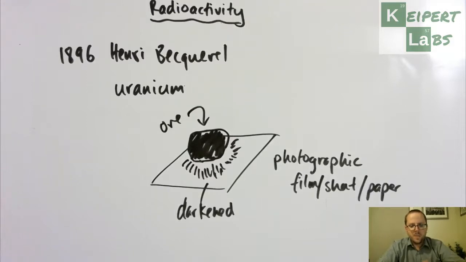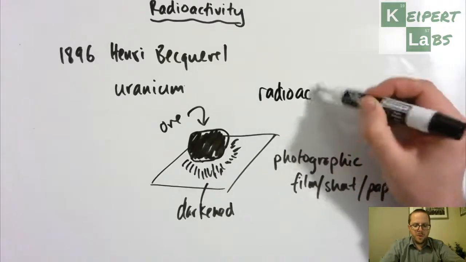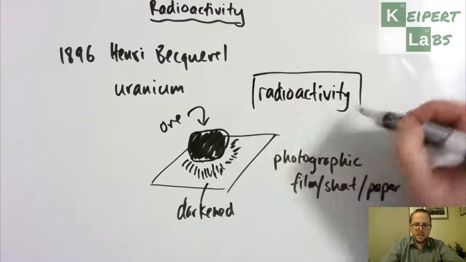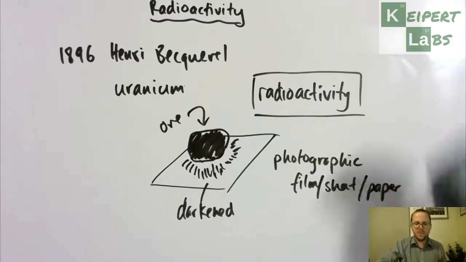And so this kicked off our understanding of what we call radioactivity. Okay, that some particular substances emit a radiation, or this type of energy, these new kinds of waves or beams of energy that cause substances to react in all sorts of different ways.